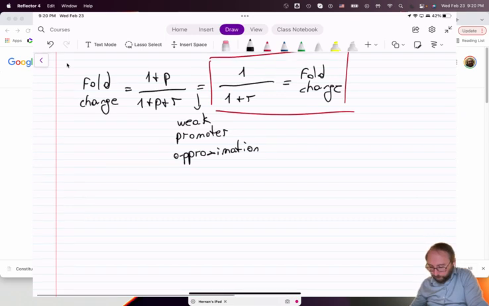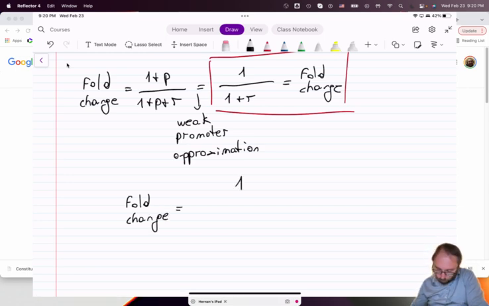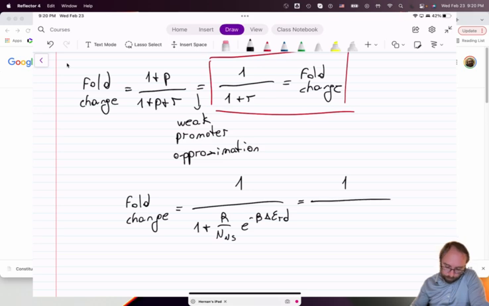Okay, I can also write this fold change, maybe going back to the non-shorthand form, as 1 over 1 plus R over N_NS e to the minus beta delta epsilon RD. And sometimes people call this 1 over the repression.